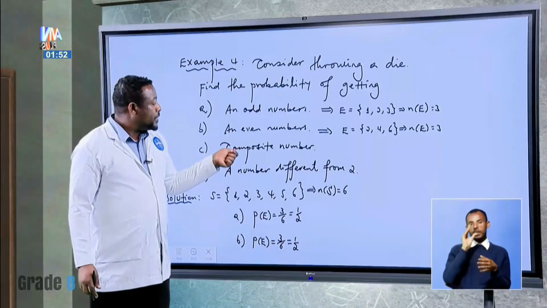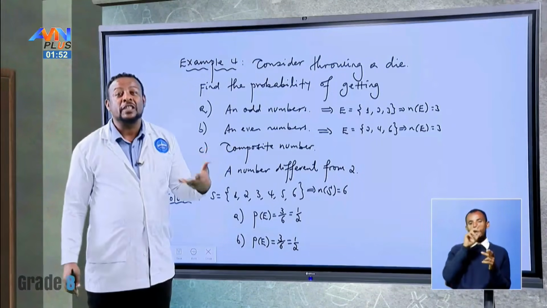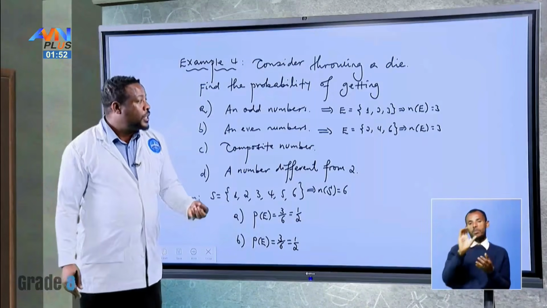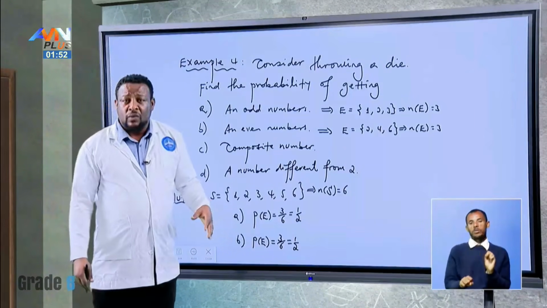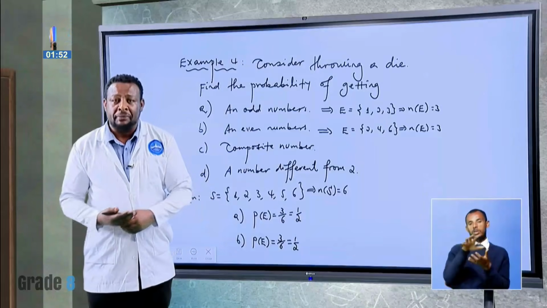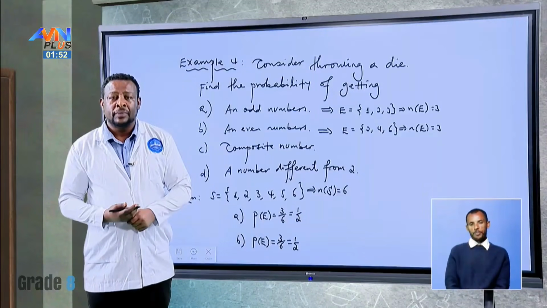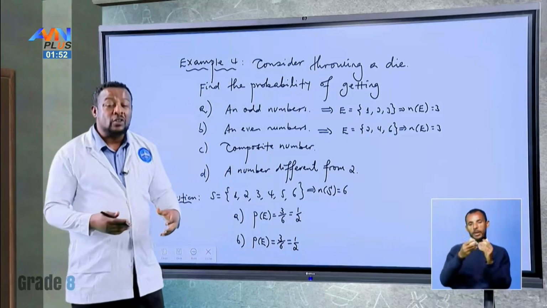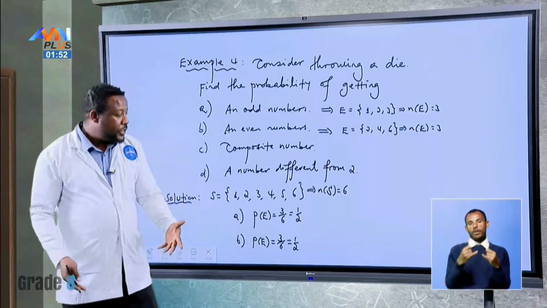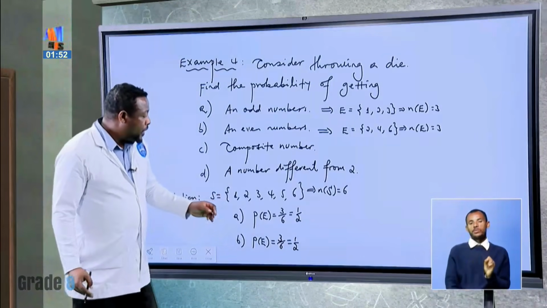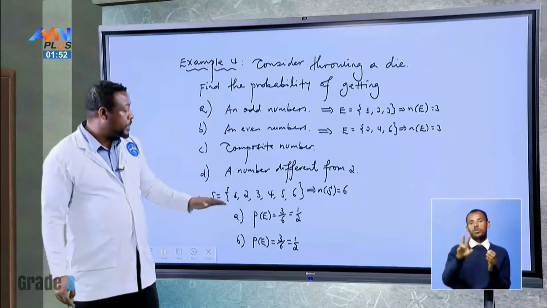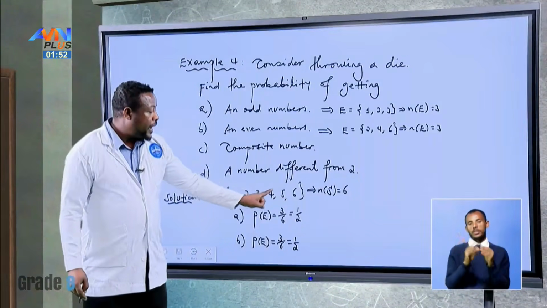In the third case, we are asked to determine the probability of getting a composite number. So first of all, what is a composite number? A composite number is a number having more than 2 factors, right? There are 2 composite numbers in this set, 4 and 6.